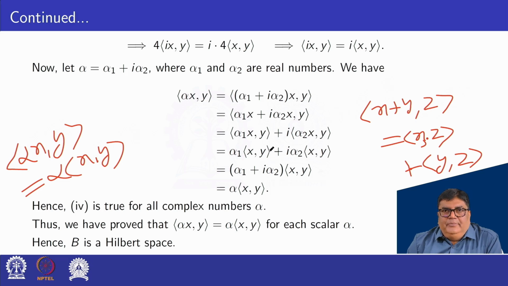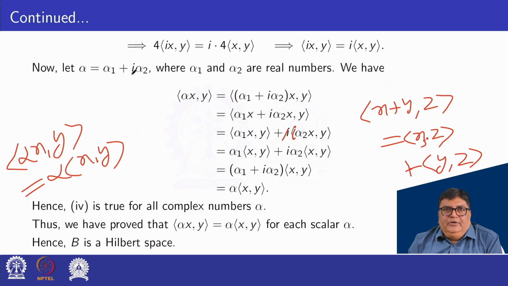So alpha 1 times the inner product of x, y plus i alpha 2 times the inner product of x, y. Here one mistake: this i should be inside. Using this property we can write i alpha 2 x with i outside. Here we can take the inner product of x, y common, that is, we have alpha 1 plus i alpha 2 into the inner product of x, y.